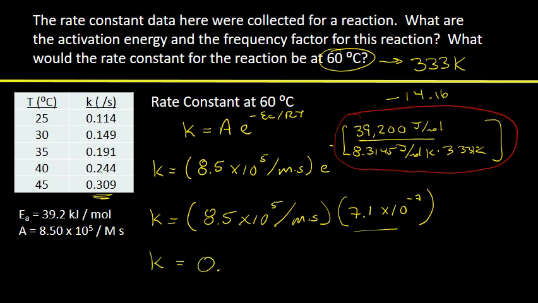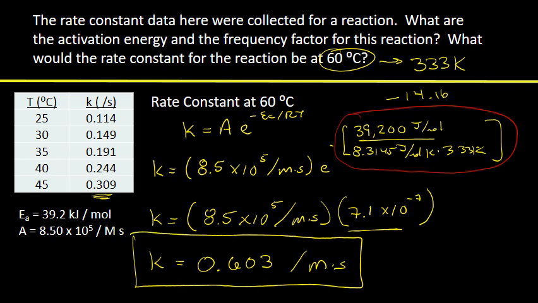And of course, this is unitless over here. And so we get a rate constant of 0.603, which makes sense. That's a good number. All right, wonderful.